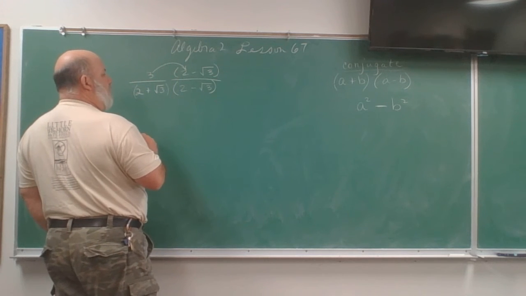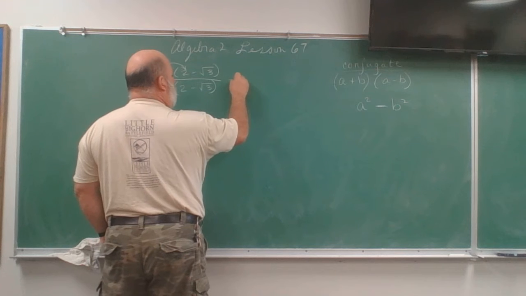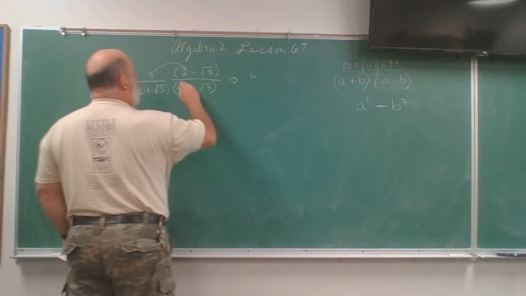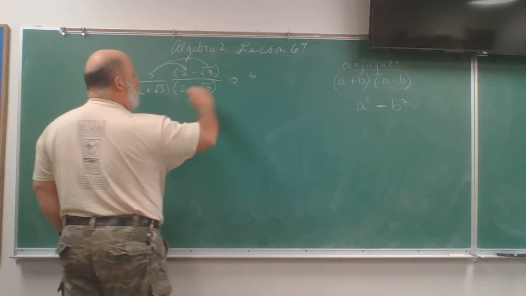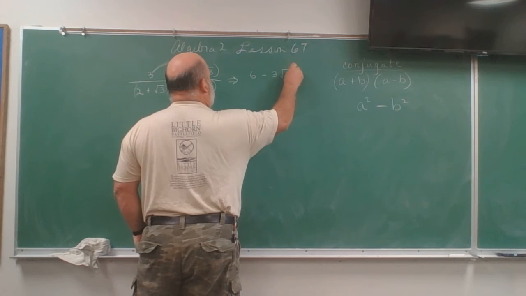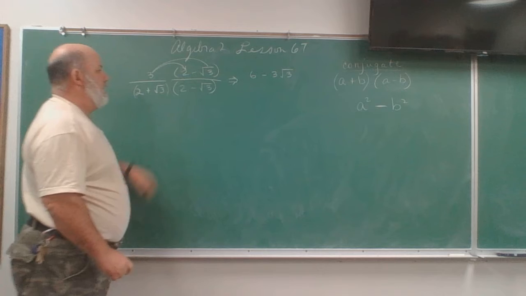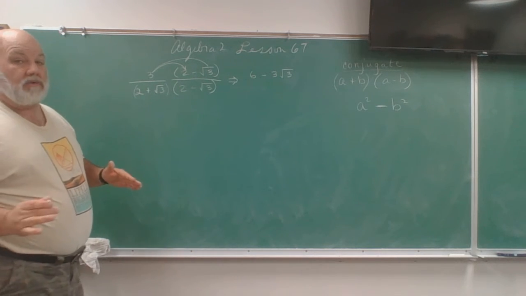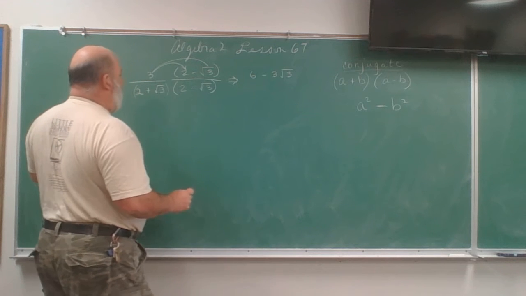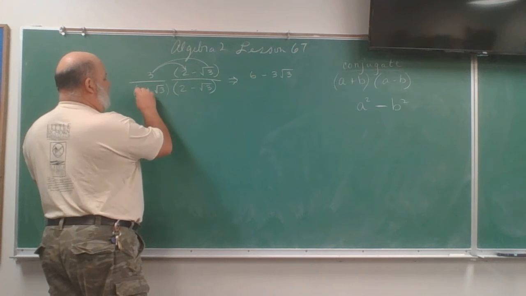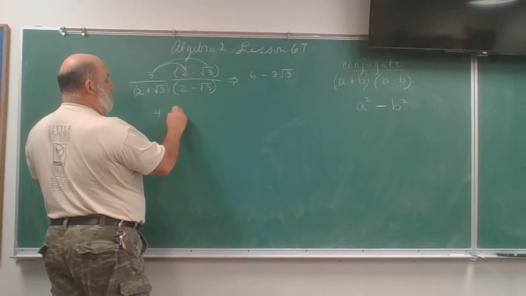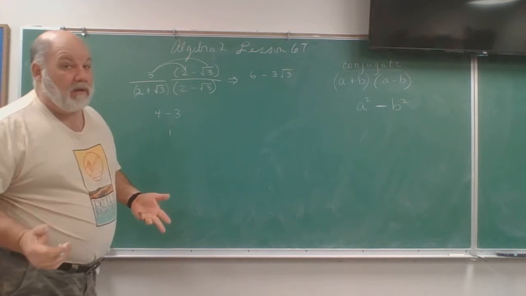I've got distributive property. 3 times 2 gives me 6. 3 times square root of 3 gives me 3 square root of 3, and it's minus because of that. In the denominator, I'm going to go ahead and work it out and show you why this is true. I can tell you right now it's going to be 2 squared, which is 4, minus square root of 3 squared, which is 3. My denominator is going to be 1.